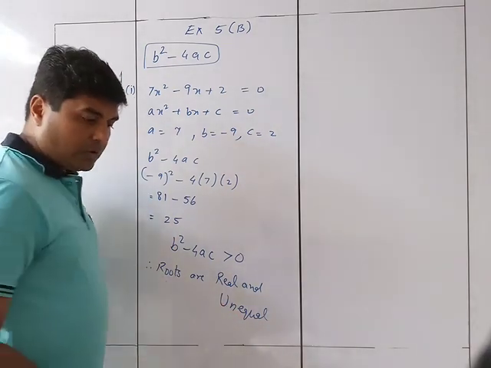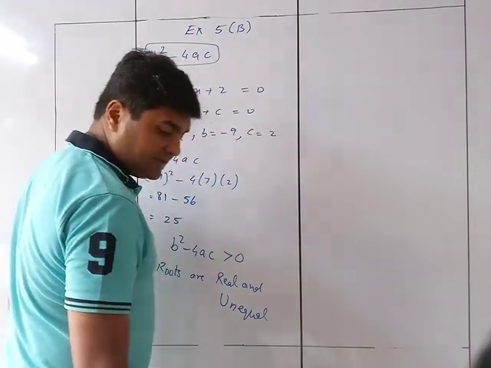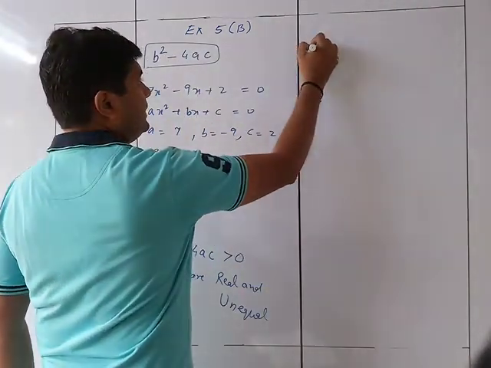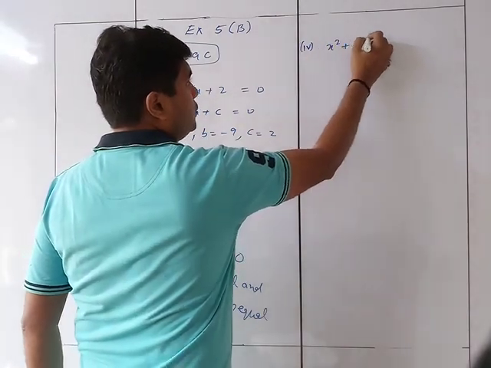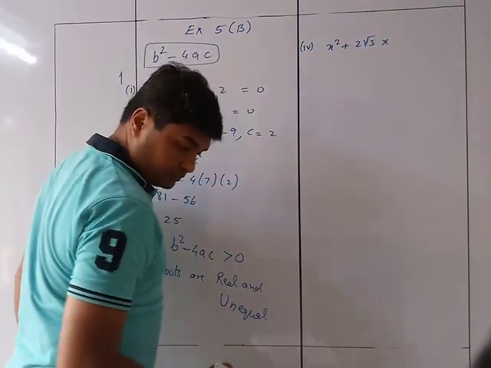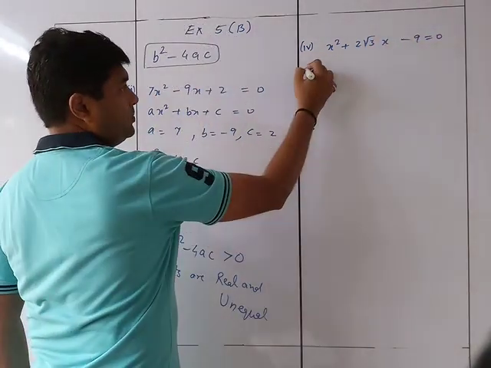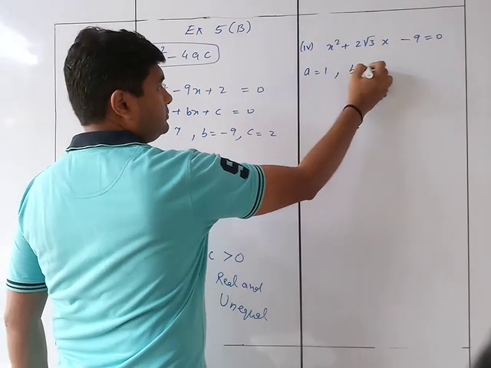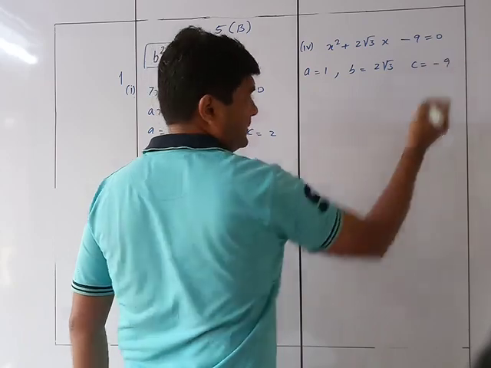That's it. Okay, let's take one more example. Let's see the fourth one, which looks slightly different, because it is x square plus 2 root 3 x minus 9 is equal to 0. So a is equal to 1, b is equal to 2 root 3 and c is equal to minus 9.